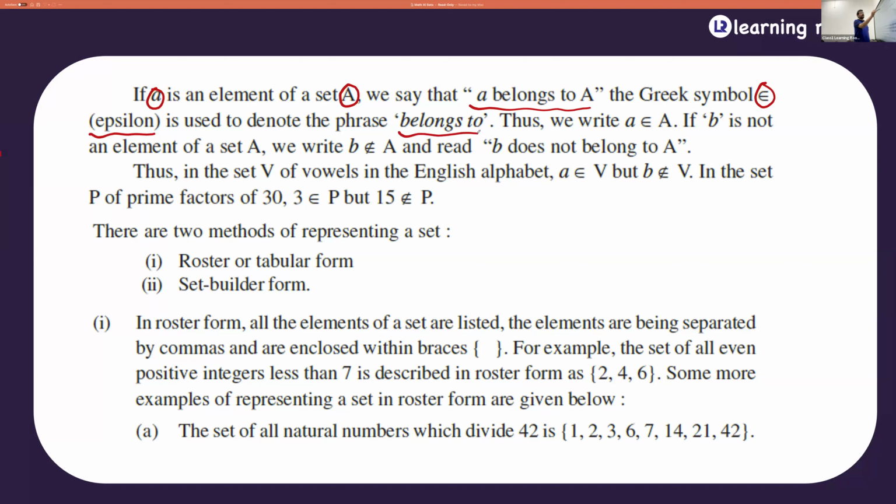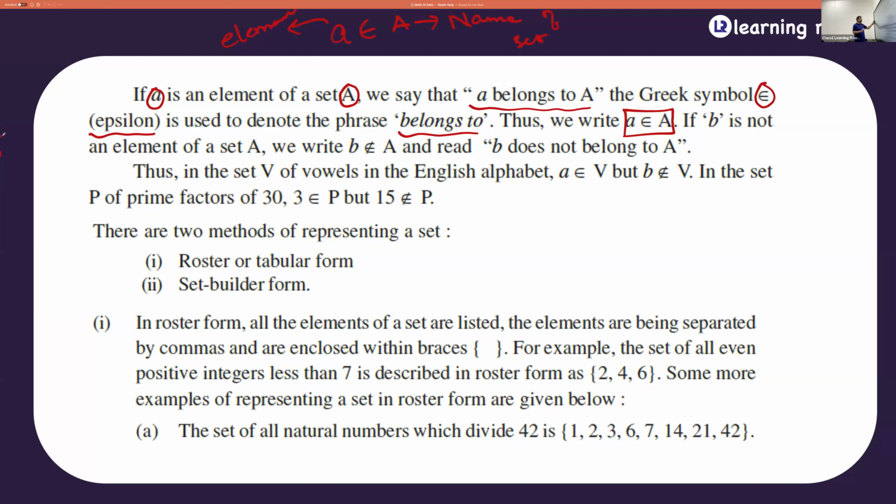So you write it as a ∈ A. The format is very simple. The one before the epsilon is the element, and the one after epsilon is the name of the set. I hope this point is clear.